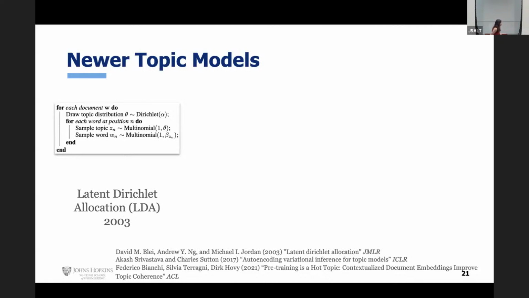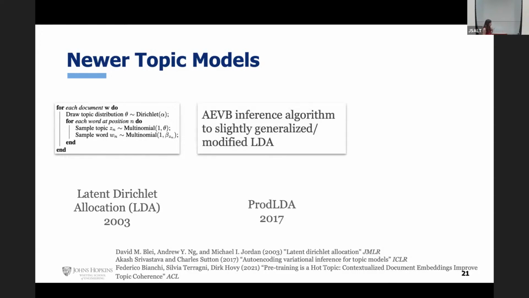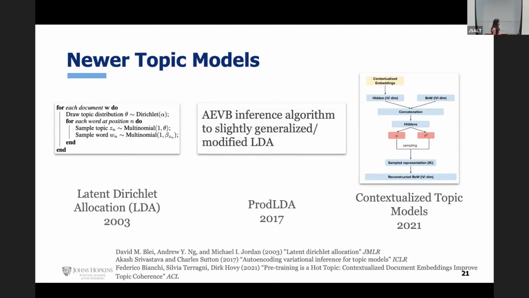But in more recent years, we're also seeing more of a shift towards doing topic modeling with neural models. In 2017, this was one of the early models to do this. This ProdLDA paper proposed a way of doing something very similar to the original LDA model, but doing the estimation using a neural network to learn the parameters that you want to learn.